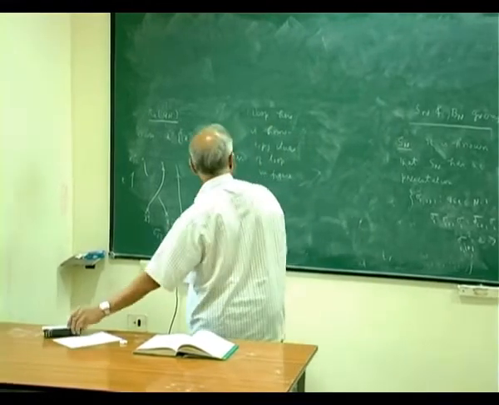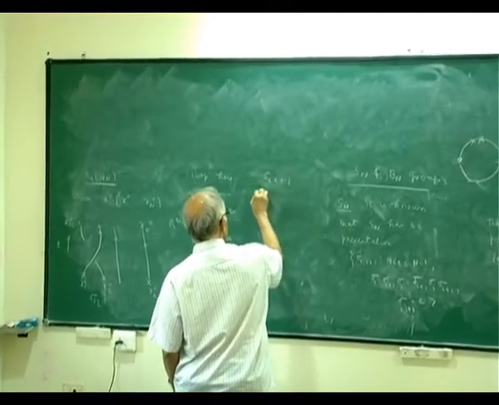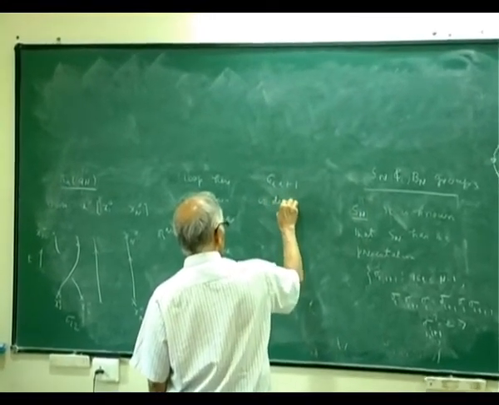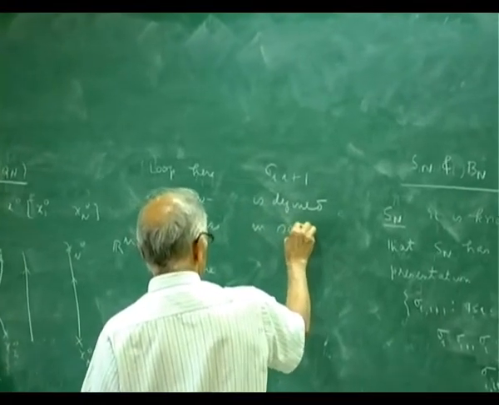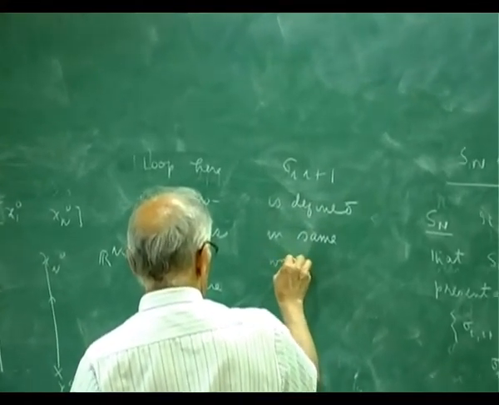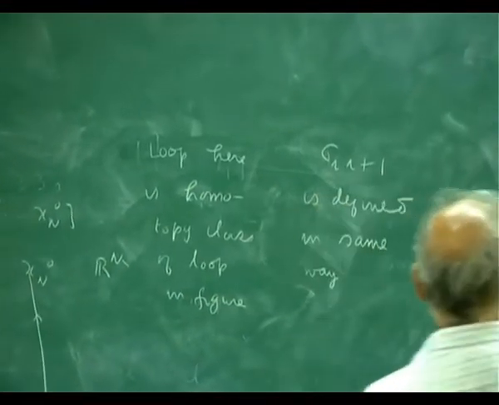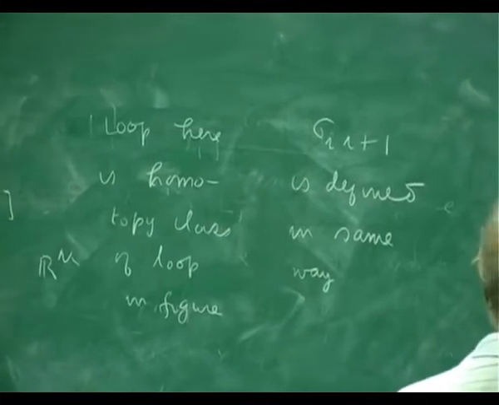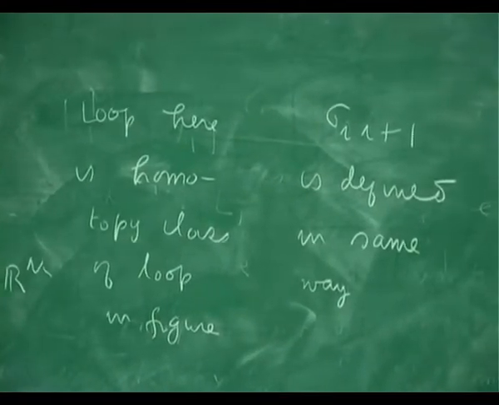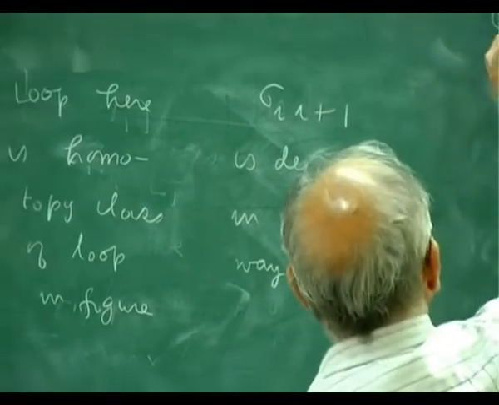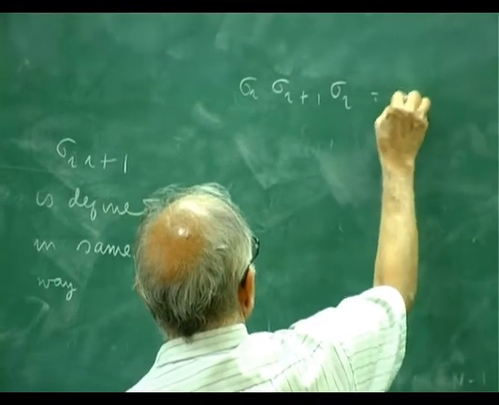So I want to look at sigma ij, sigma I plus 1 is defined in the same way. Okay. Now the relation, what is most interesting is this relation. Sigma I plus 1, sigma I is equal to sigma I plus 1.